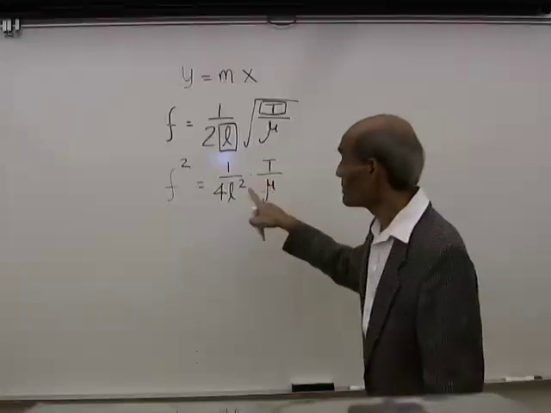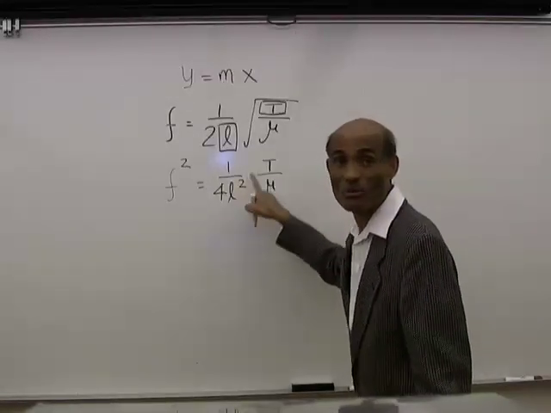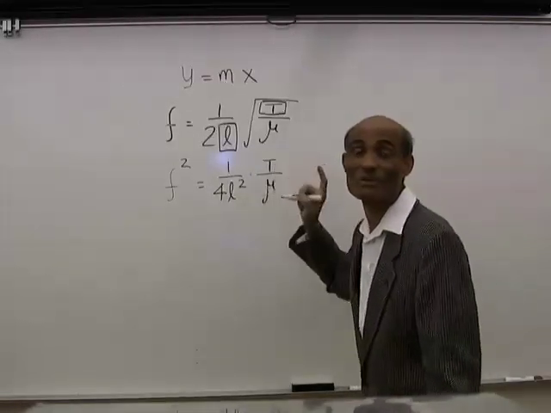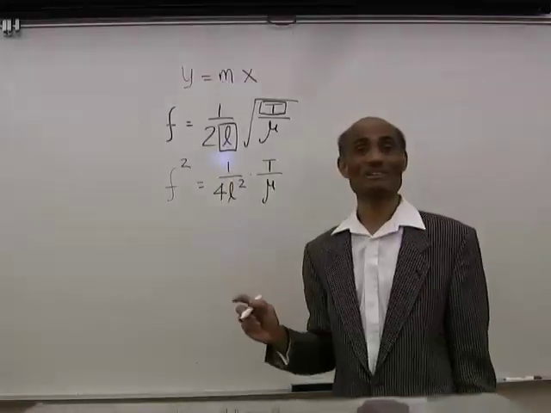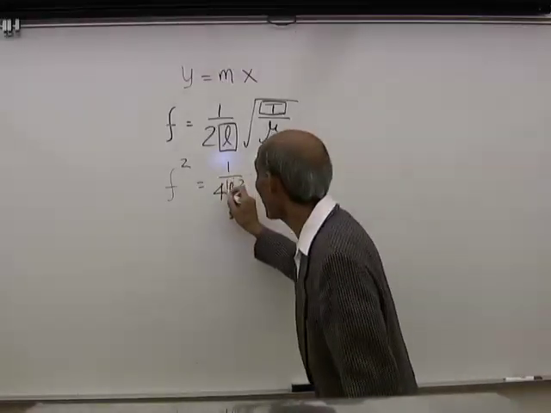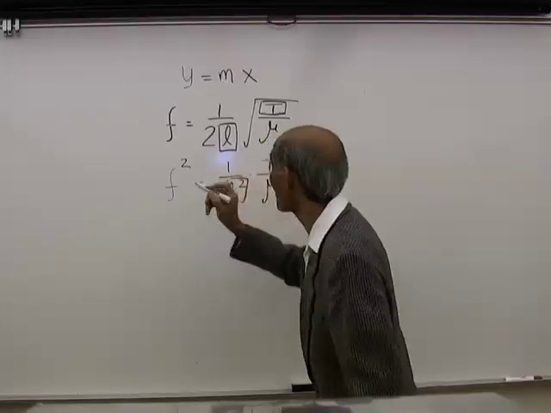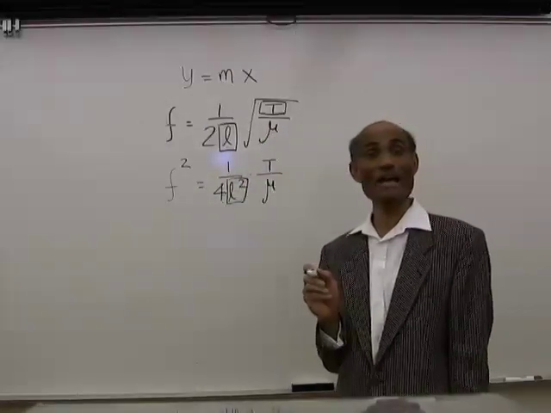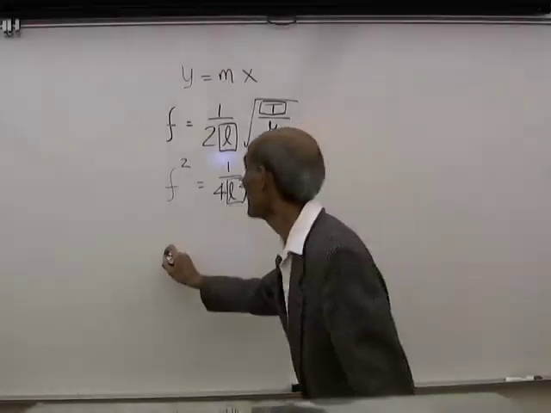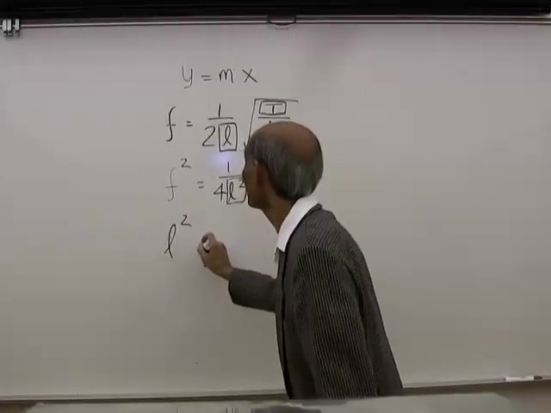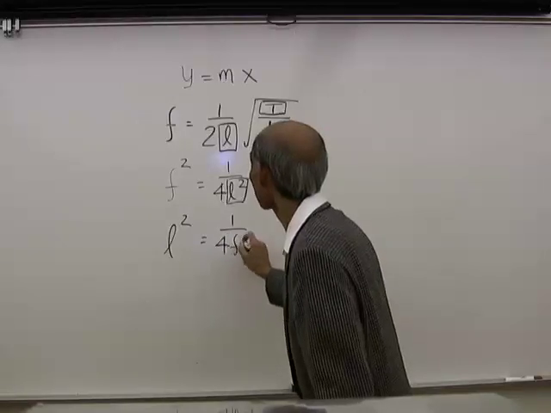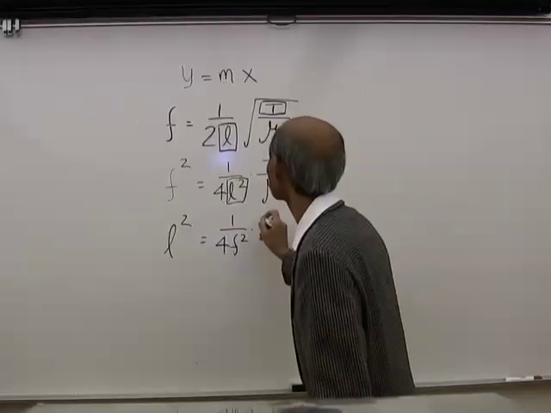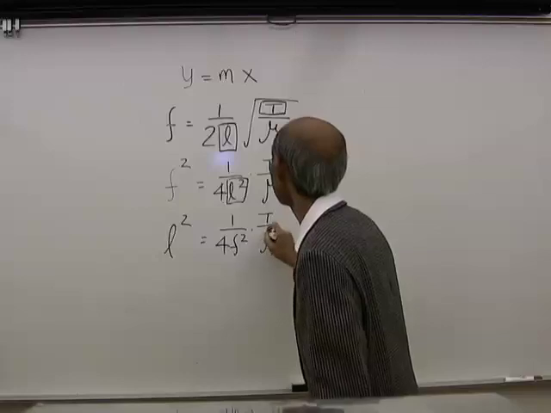And now, you know that L is a variable and T is a variable. Solve for one of the variables. Let's solve it for L squared. I can say L squared equal to 1 over 4f squared times t over mu.